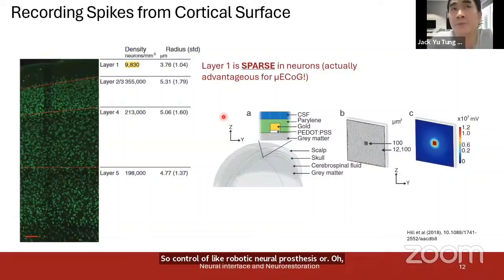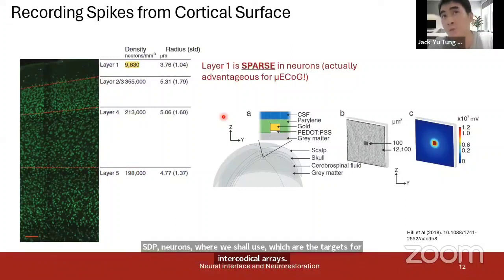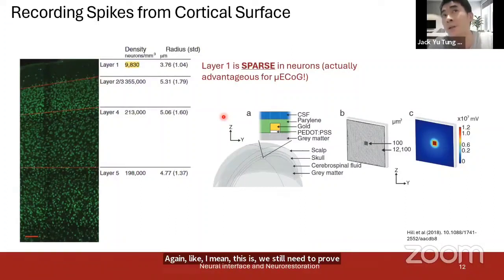Because I believe that layer one neurons share a great deal of similar response characteristics as deeper layer neurons, which are the targets for intracortical arrays. Again, we still need to prove this because micro-ECOG is still relatively new. But based on what we know and our own findings, they have very similar tuning properties and firing properties.